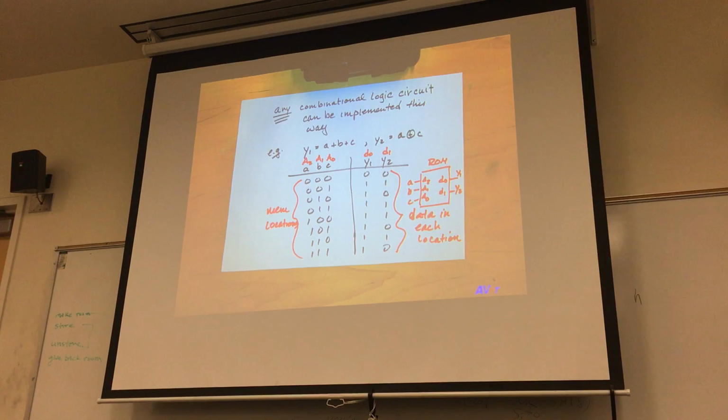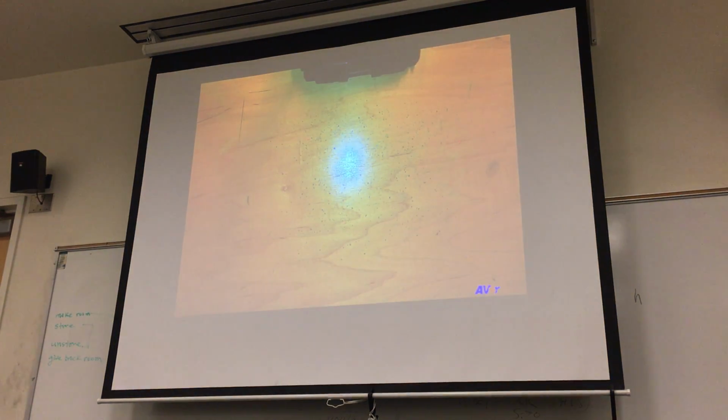So you just store in the respective memory location what you want the outputs to be, and as you can see, you can take any truth table, which you can always derive from Boolean expressions, and implement that in a ROM or any type of memory device.